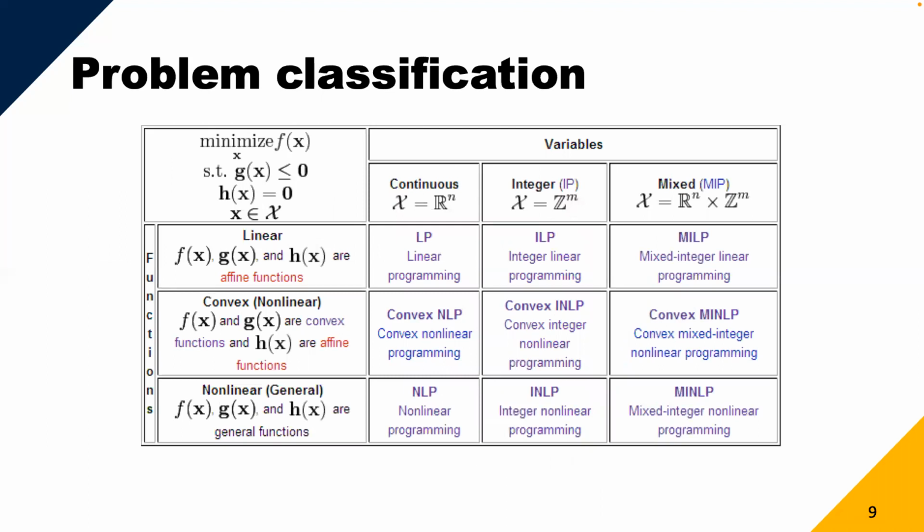Okay, so the last bit I'll talk about in terms of classification is across these different sets of ways that the functions are defined and the way the variables are. Any individual one of these boxes, you could probably take an entire class on.